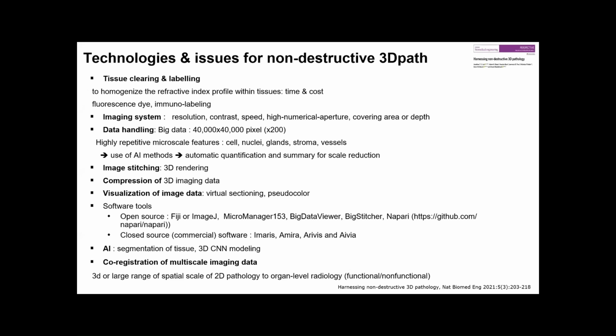In data handling of 3D images, 3D images contain highly repetitive microscale features such as cells, nuclei, glands, stroma, and vessels. Scale reduction is needed, using automatic quantification with an AI algorithm based on biological meaning.